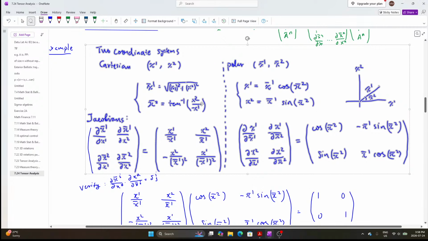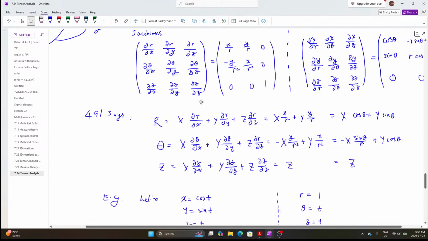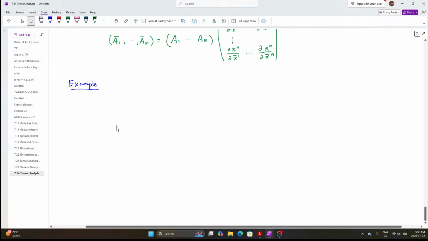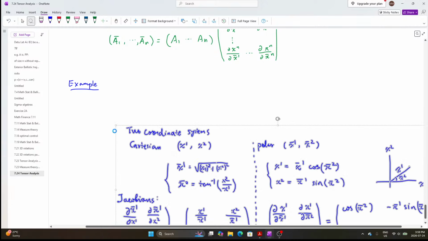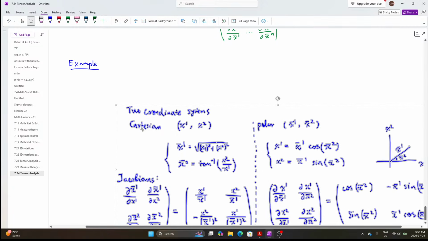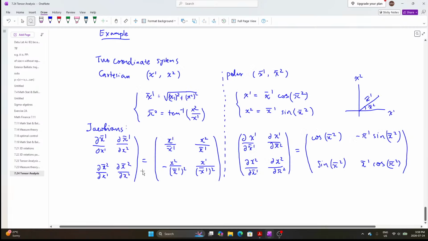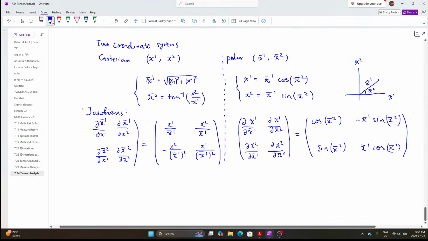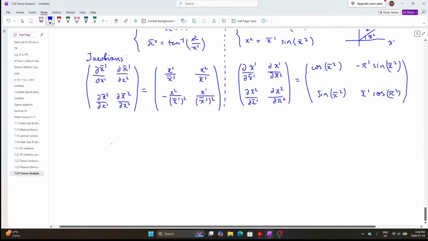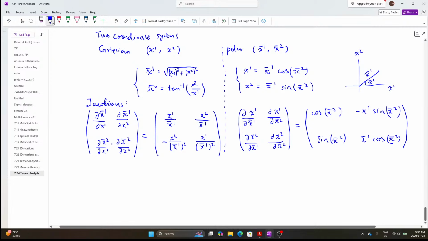All right, so this is recycled stuff. We still have the same Jacobian and backward Jacobian. Now let's consider the transformation law.